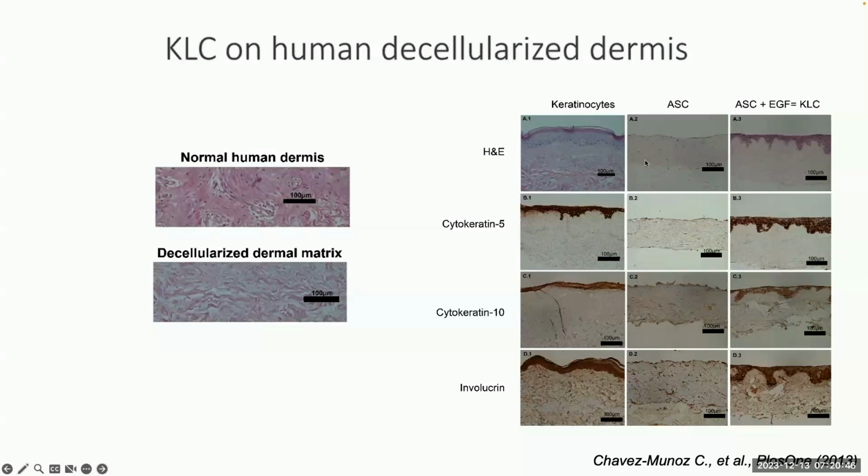This is normal skin, how it looks and how it stains for the different markers. And on your far right side are the adipose-derived stem cells, or the keratinocyte-like cells, that were behaving very similar to the other panel.